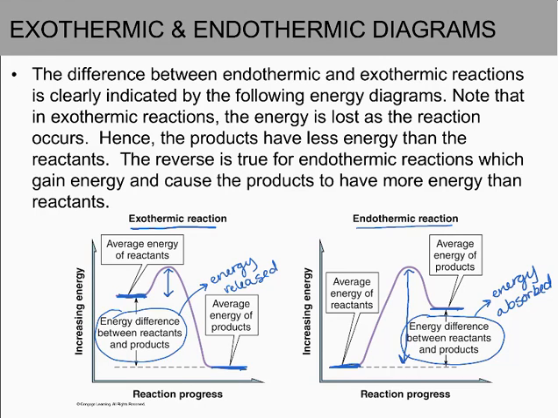So overall, that reaction needs a lot of energy to occur. So that would be overall an endothermic reaction. All right, so hopefully that helps a little bit with kind of seeing the differences between energy diagrams for exothermic versus endothermic reactions.